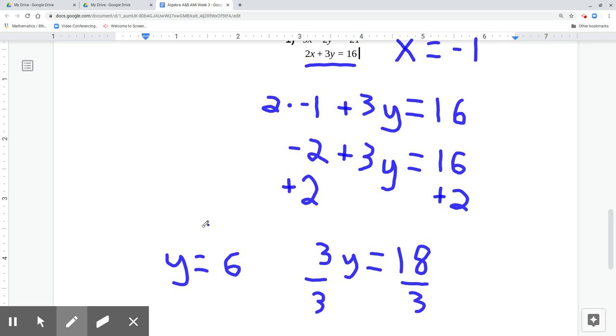Now we have an x value and a y value, so we're ready to write our answer as a coordinate pair. X was -1, so it will be listed first, and our second value was 6. It'll be listed second. So that would be our final answer, (-1, 6).